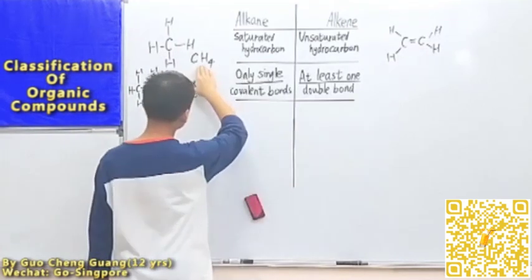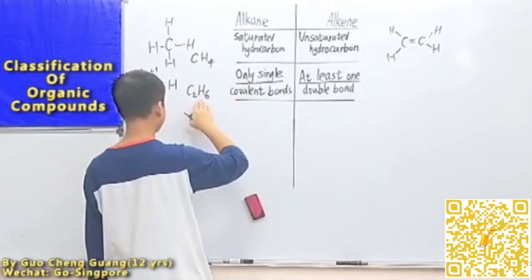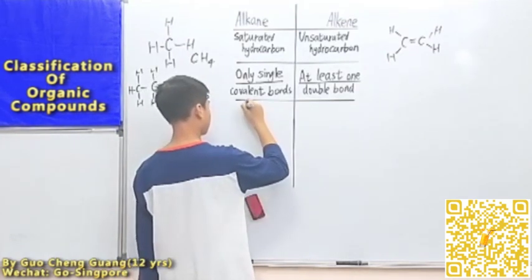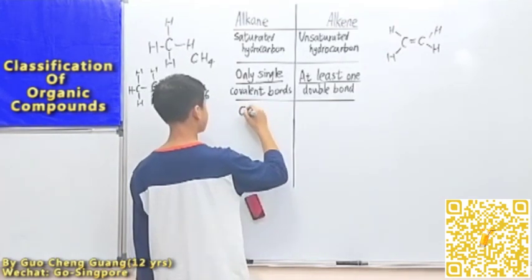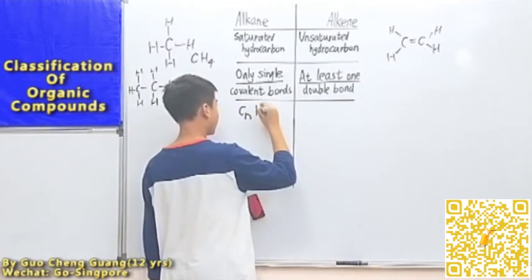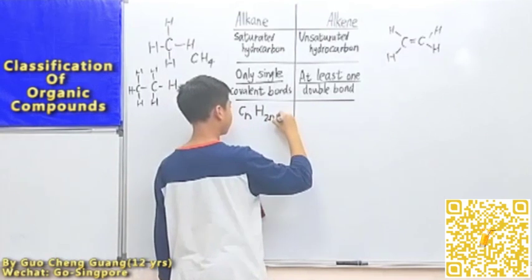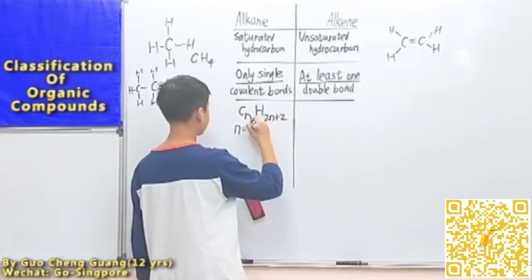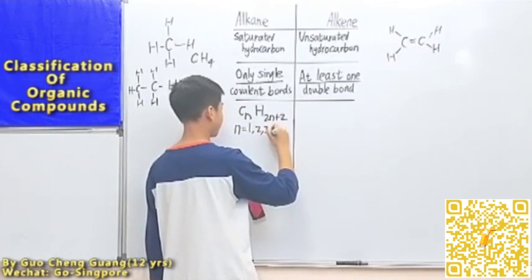So CH4, C2H6. For this part, the chemical formula will be CnH2n+2, where n can be 1, 2, 3, and so on.